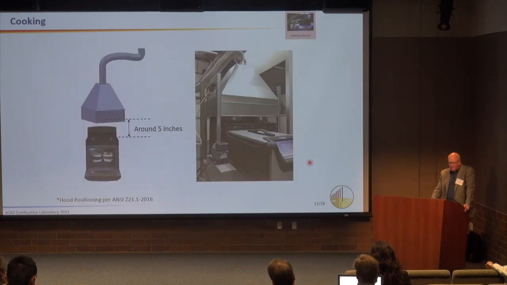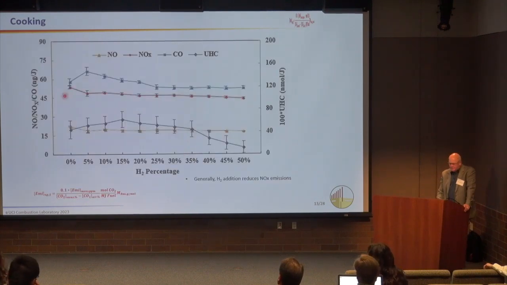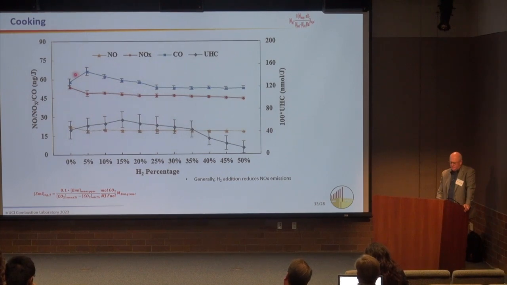What about cooking? Well, this is a very hot button topic right now, as many of you are aware. Let's just look at one result here. All right, so this is NOx emissions and carbon monoxide and unburned hydrocarbon air pollutants, right? We don't want these in the emissions of the stove.